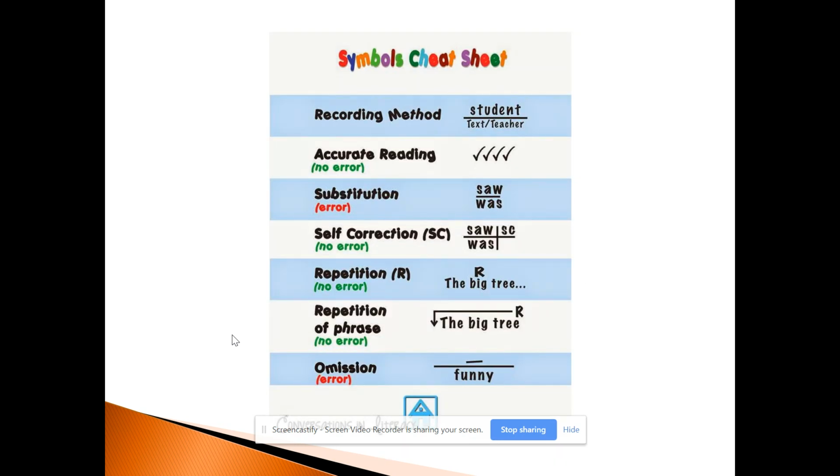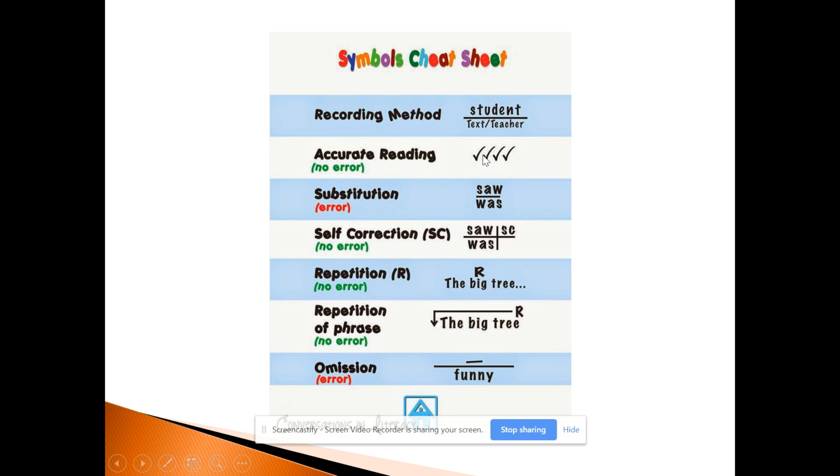Again, here are some symbols that are used to code a running record. The recording method is, if you remember in that previous slide, the student makes an error and the text is listed underneath the line, the text that the student should have read, and then what the student said goes above the line.